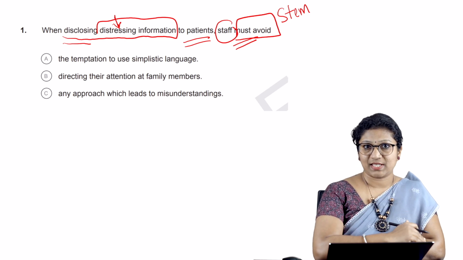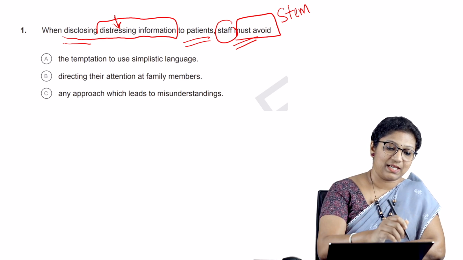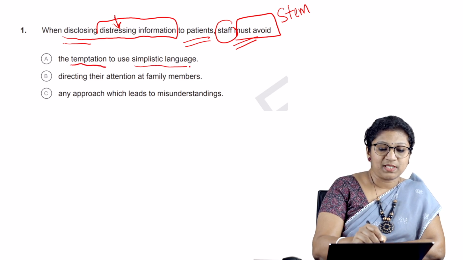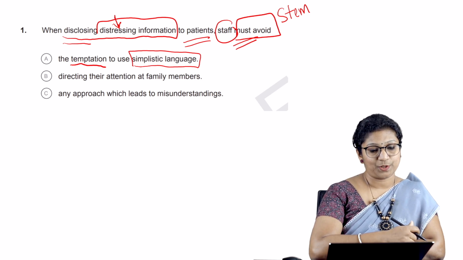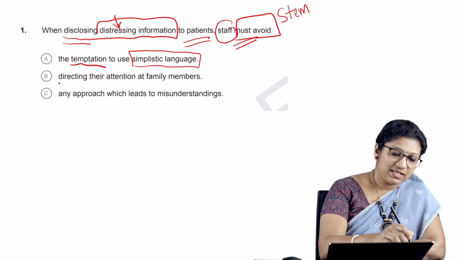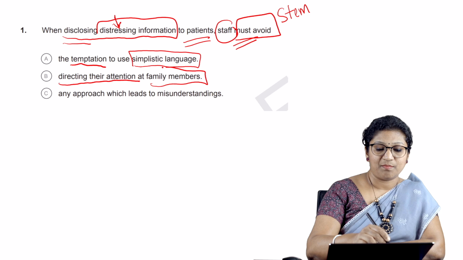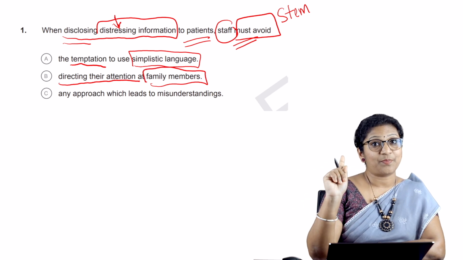So what are the options given? Let's look at the options as well and underline the keywords. Option A says temptation to use simplistic language. B, directing their attention at family members. That means focusing on the family members. This is something they shouldn't do.